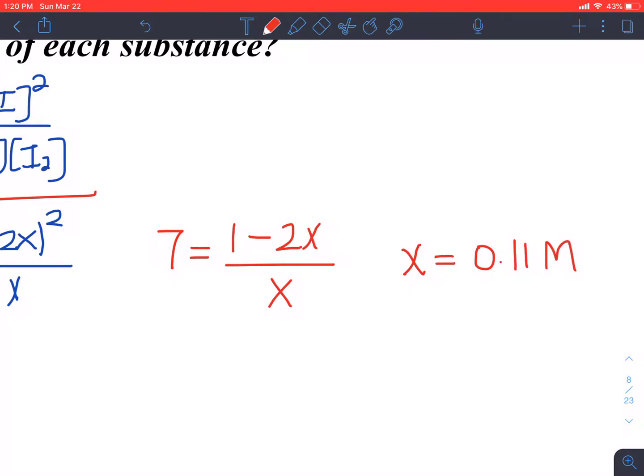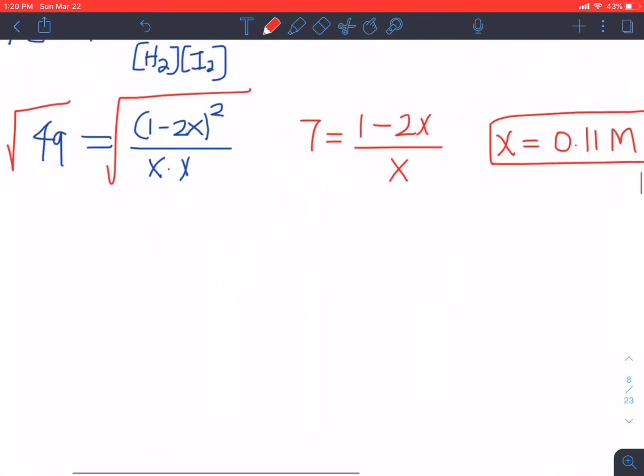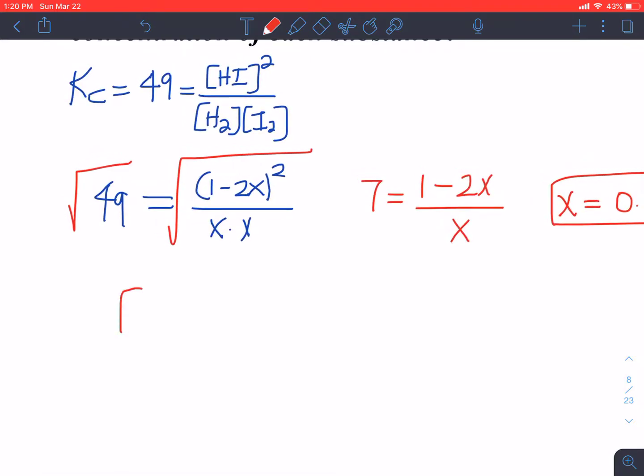0.11 molar. Once you find out what x is, you can find the concentrations of each of the substances. So the concentration of H2 is going to be equal to the concentration of I2, and both of those are equal to x.